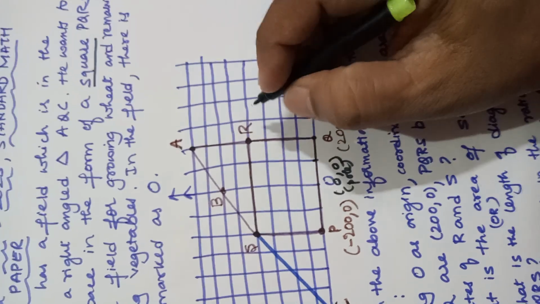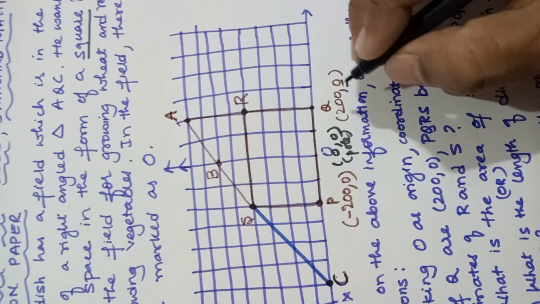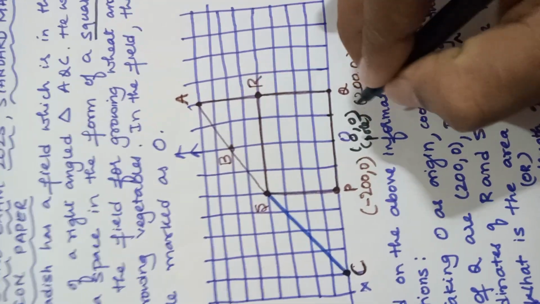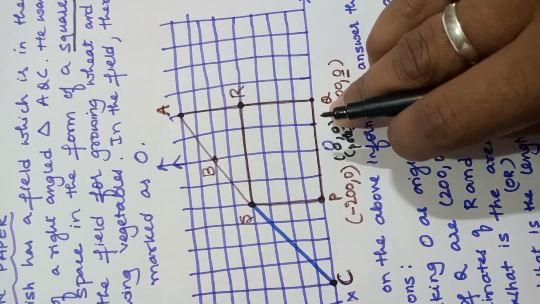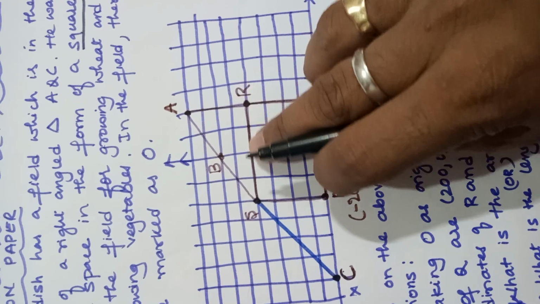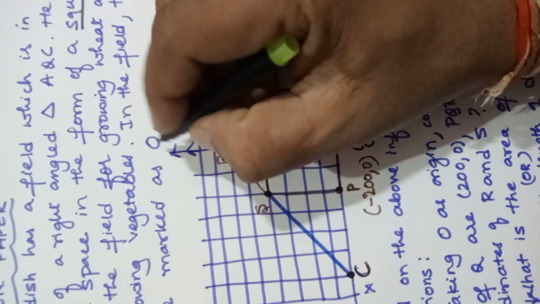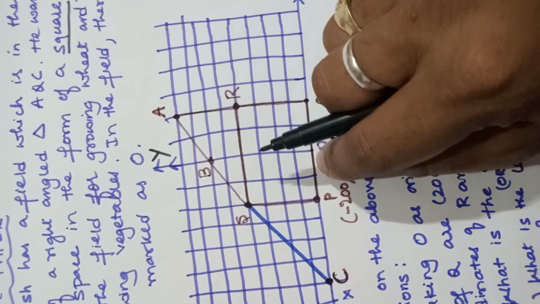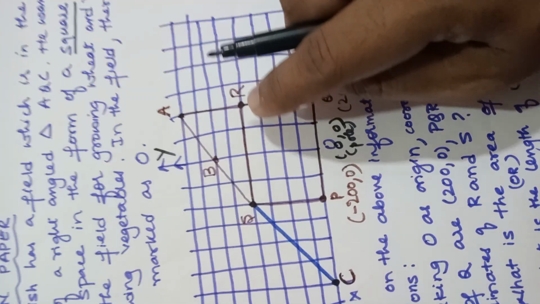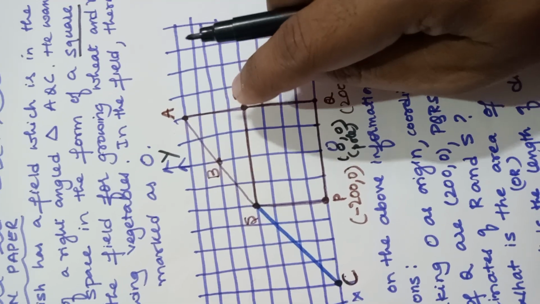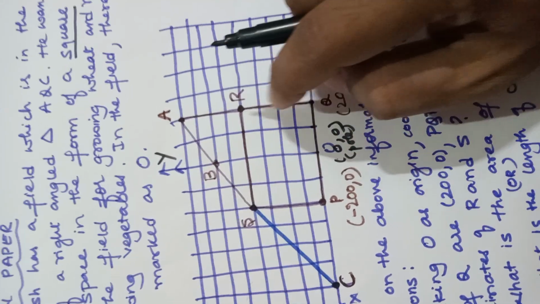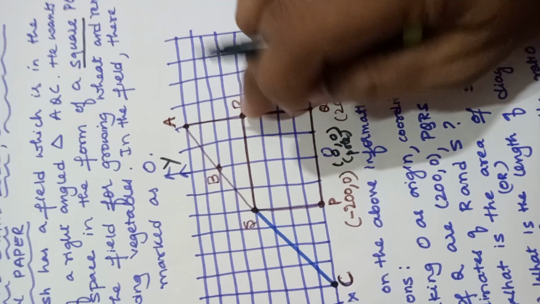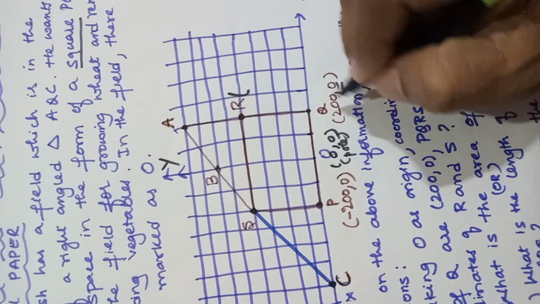Now before that, we know that abscissa is defined as the distance of a point from the y-axis. It's clear that Q and R are equidistant from the y-axis. This is the y-axis here. Because Q and R are equidistant from the y-axis and abscissa is the perpendicular distance of a point from the y-axis, we can say the abscissa of R should be equal to the abscissa of Q, which is 200.